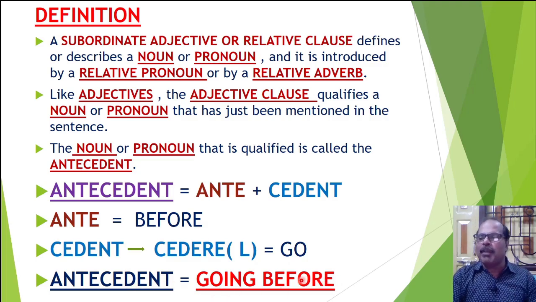The very term antecedent tells us that it goes before, that means it is placed just before the adjective clause.